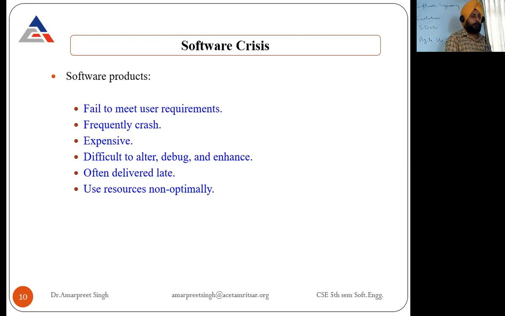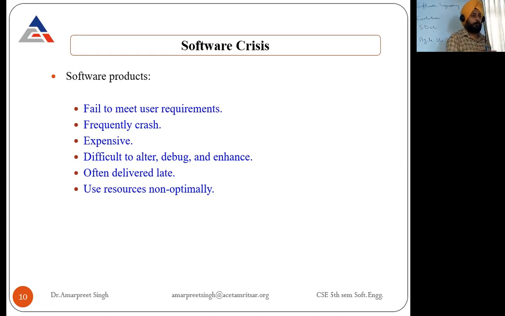If your software is very difficult to alter, update or make changes, it also results in software crisis. If it is very difficult to debug and enhance the software, that is also a reason.